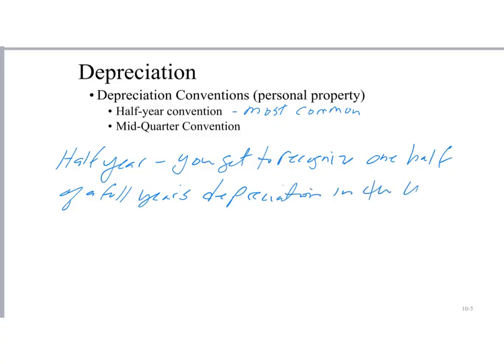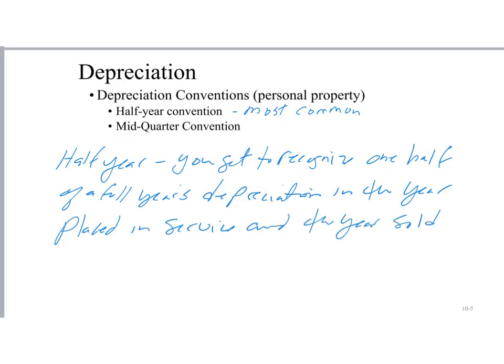in the year placed in service and the year sold. All right. So all of the other years in between, you get to recognize a full year of depreciation, but you get to recognize half a year of depreciation in the year you acquire that thing and in the year you sell that thing.